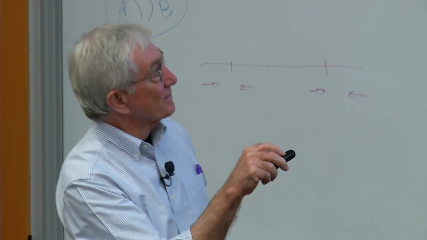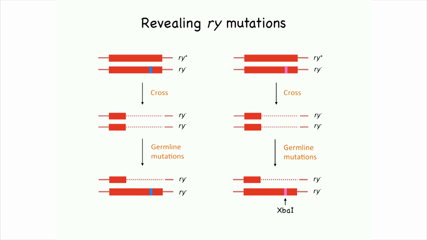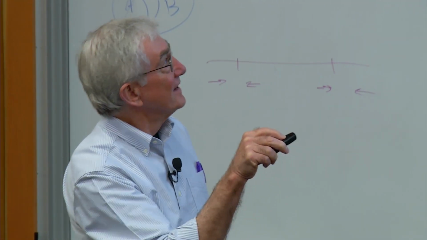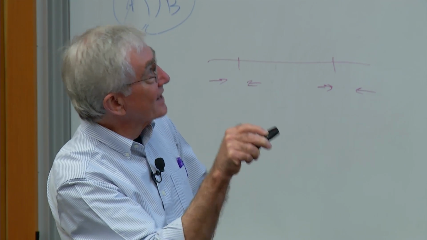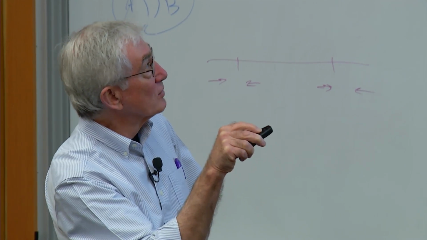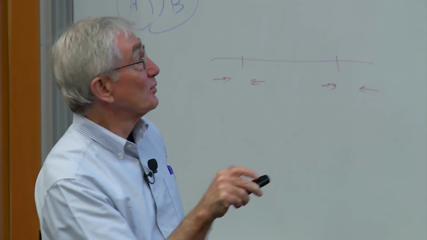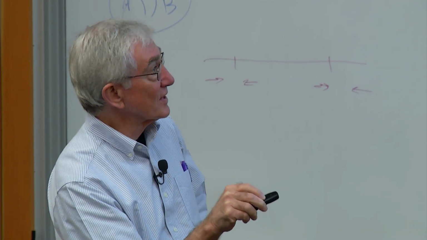And so I think I showed this before. We expect to get mutations by non-homologous end joining and by homologous recombination with the donor DNA. This is just illustrating the cross that's done in diagrammatic fashion. We've crossed these candidate flies to genuine rosy mutants, usually a deletion, non-revertible mutant, and score the rosy phenotype in the next generation.